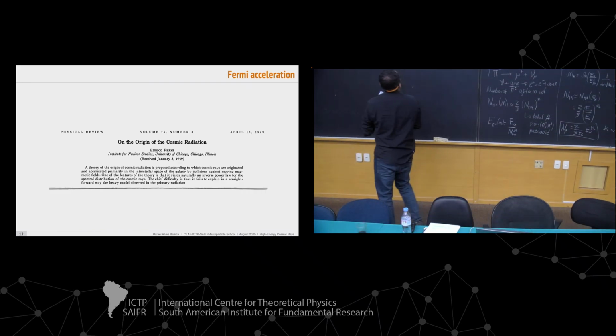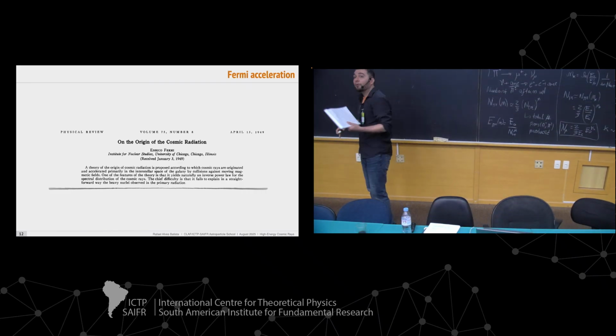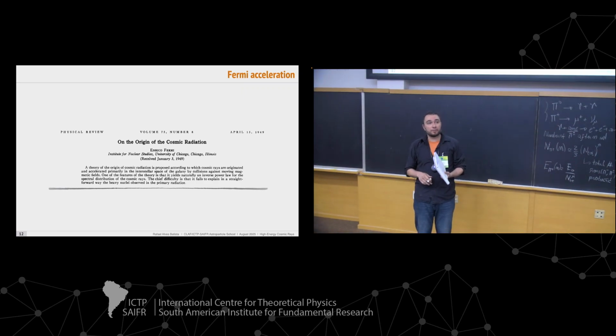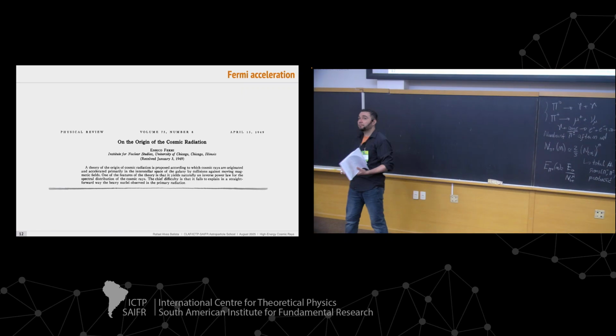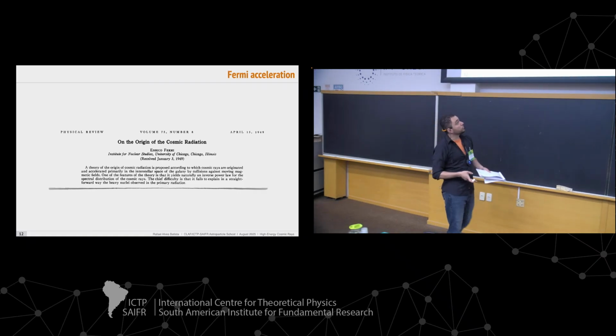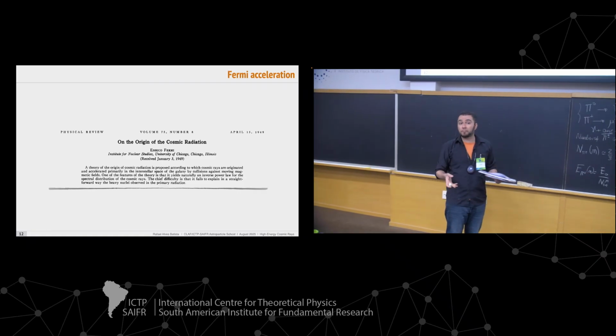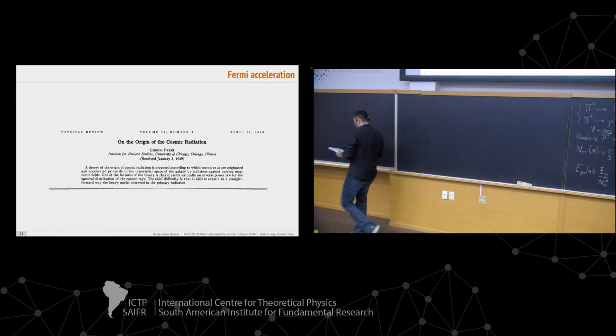Let's outline the derivation of the Fermi acceleration mechanism. There are two types of Fermi acceleration mechanism. I'm going to outline a derivation that works for both of them. So the way this goes is, we are trying to explain particle acceleration.